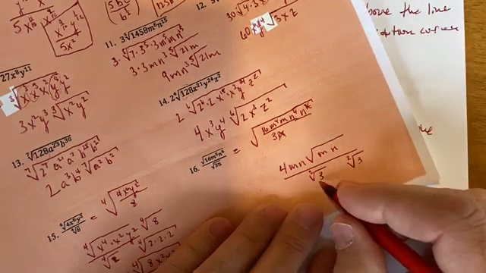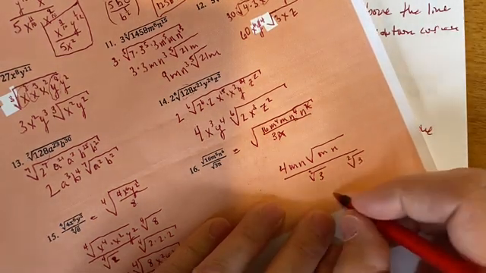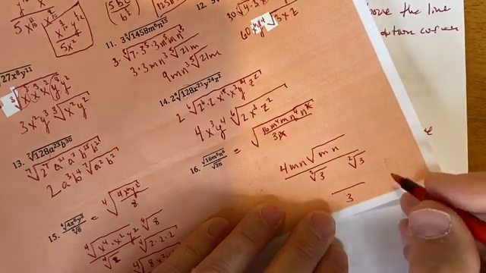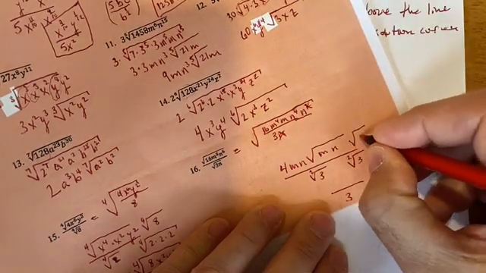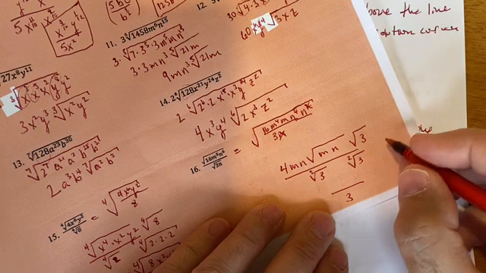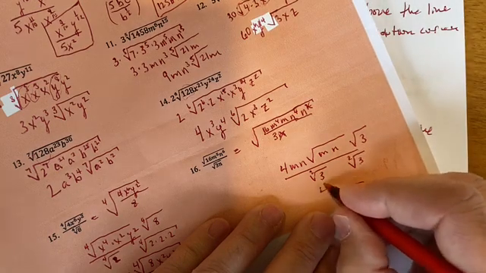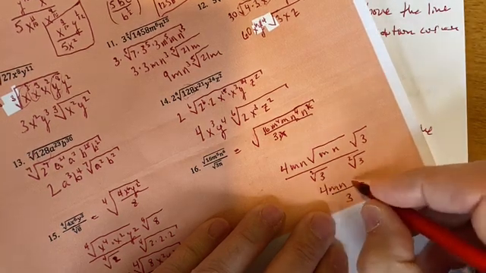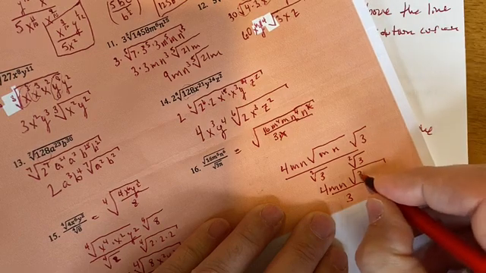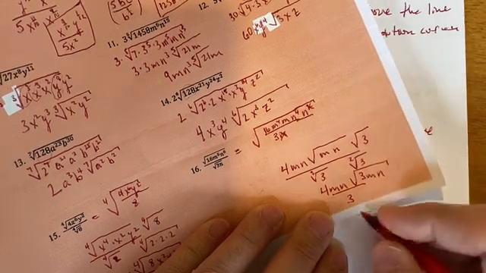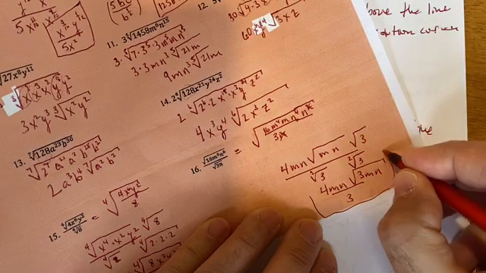So then the square root of 3 times the square root of 3 is just plain 3. But you do have to multiply by the square root of 3 on the top also. So I have 4mn times the square root of 3mn all over 3.